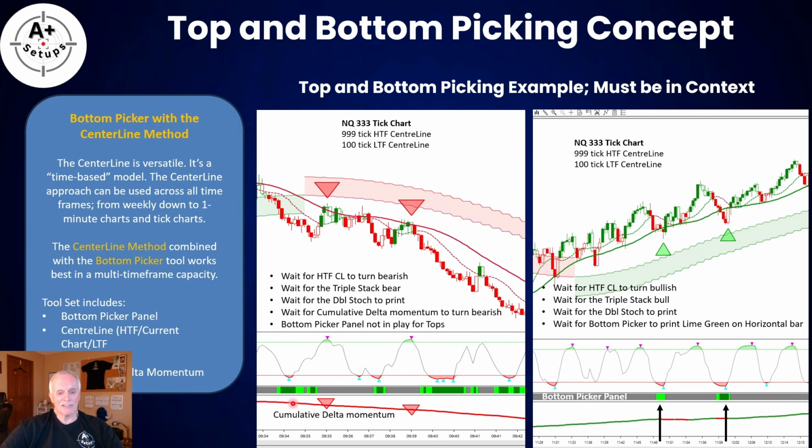And what's different about top picking in bearish mode is we need cumulative delta momentum confirmation. That means we don't want to see cumulative delta buckle and turn green during this pullback. And here's two textbook examples here. So that's the concept. Now let's just take a look at some charts.